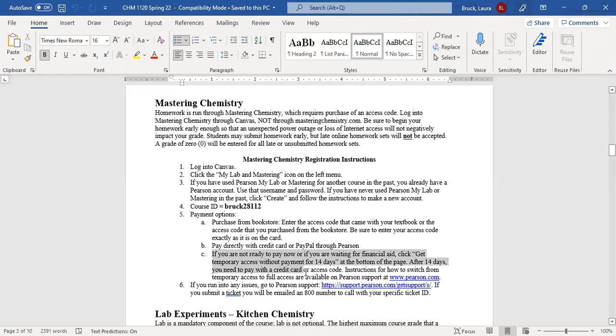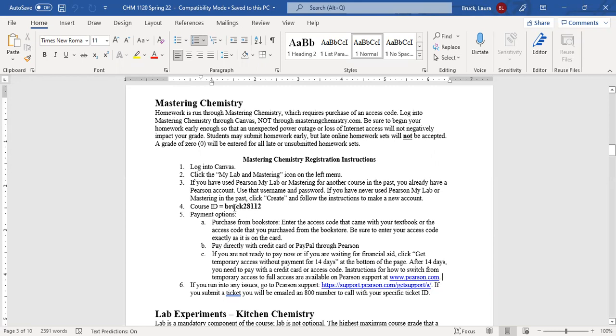If you are not ready to pay now, you can click this Get Temporary Access at the bottom of the page. And when you are able to pay for it because your financial aid has come through, you just click this button and it'll help you turn it from temporary access to full access.